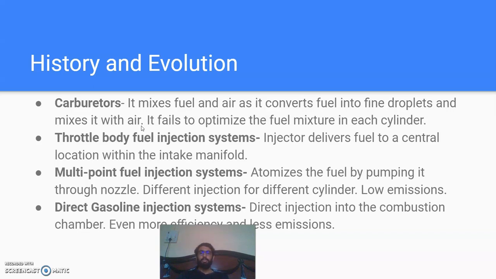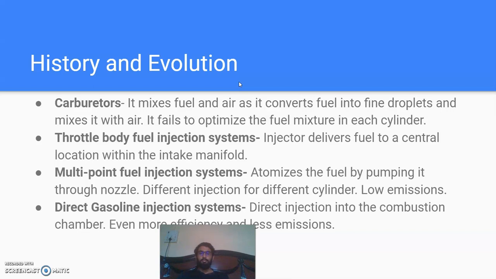Carburetors mix air and fuel by converting fuel into fine droplets and mixing it with air, but they fail to optimize the fuel-air mixture ratio in the cylinders, so they give less efficient injection. The next is throttle body fuel injection systems, which inject the fuel at a central location in the intake manifold.